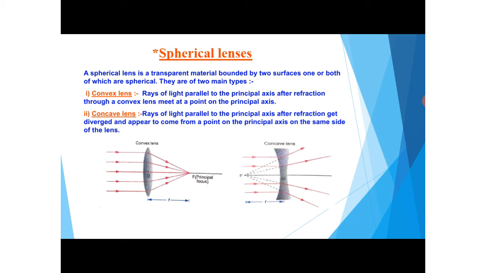Now, after these two main types, concave and convex lens, there are many other types of lenses, and these are basically combinations of the lenses.